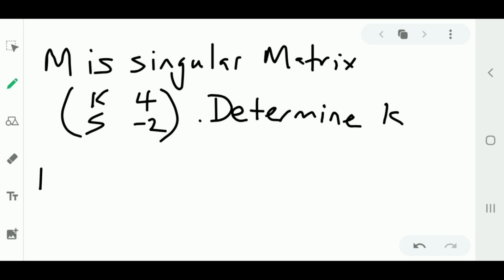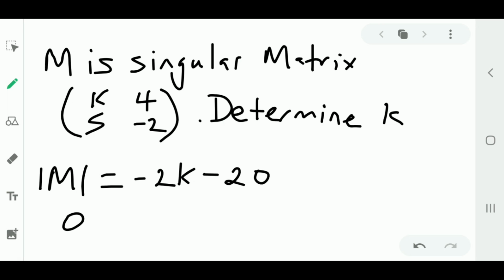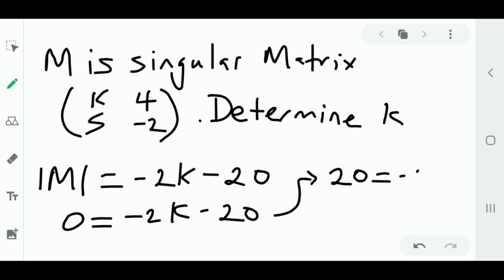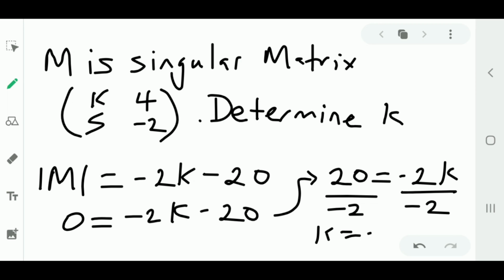So all you need to do is find the determinant of this, which is minus 2k minus 20. And all you need to do now is equate it to 0. So it is positive 20 equal to minus 2k. If you divide both sides by minus 2, that means k is equal to negative 10.